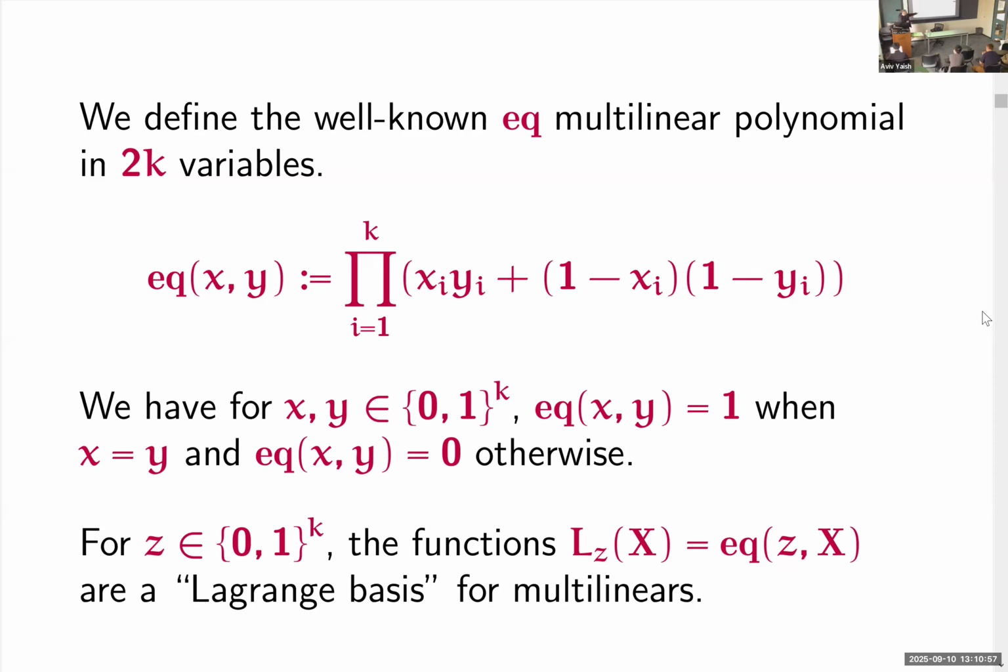So this L_z of x is sort of an indicator function that is going to be 1 on z and 0 on everything else in the Boolean cube. So these functions, EQ with the first input fixed, are a sort of Lagrange basis for multilinear polynomials.